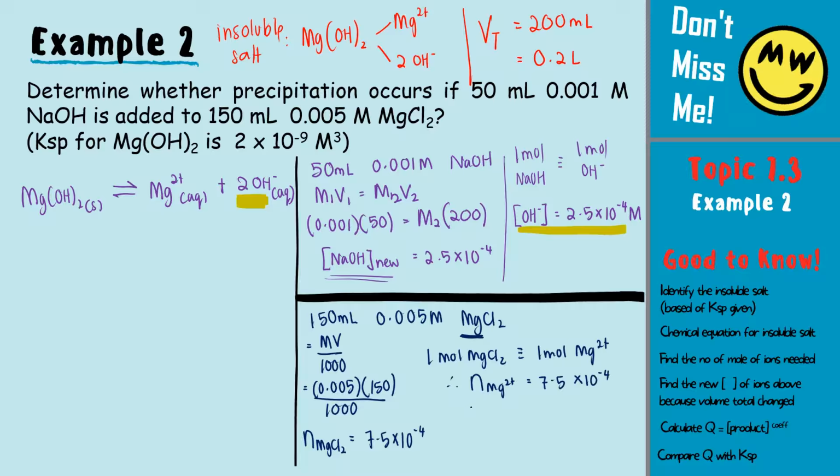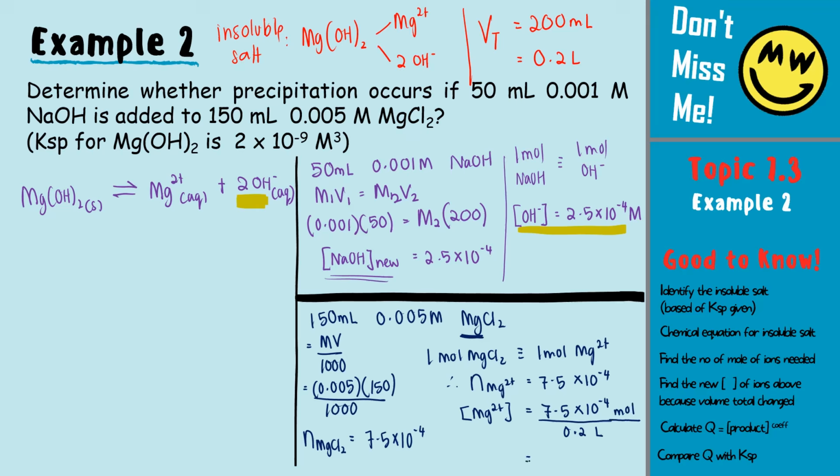Question asking for concentration. You need concentration to calculate the quotient. So, concentration of your Mg2+ will then equals to the number of mole, 7.5 times 10 to the power of negative 4 over the volume in liter, 0.2 liter. Mole per liter is the formula of concentration.